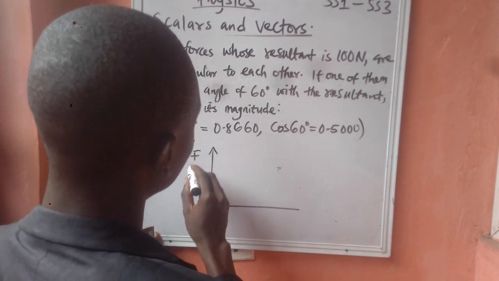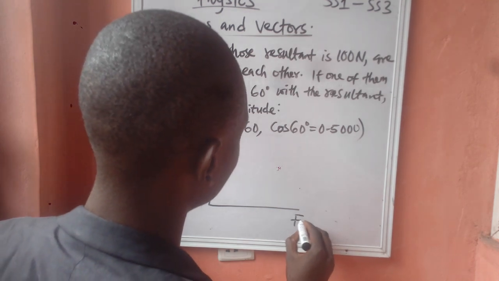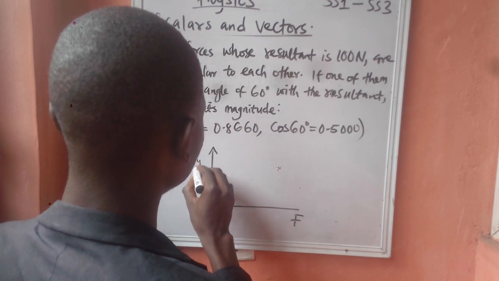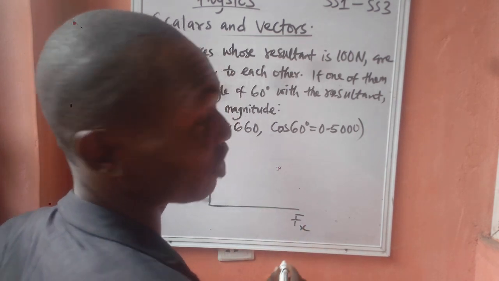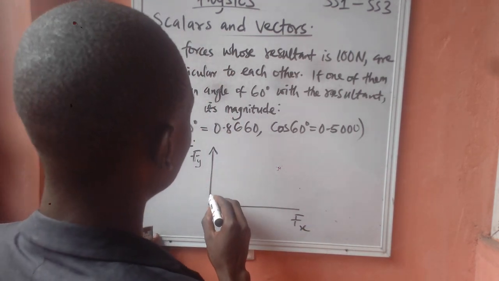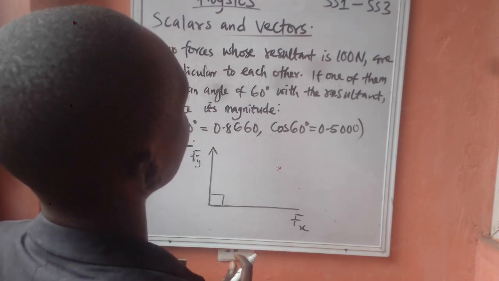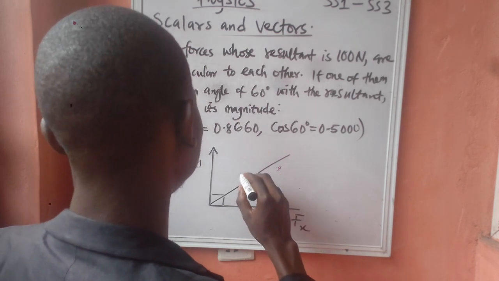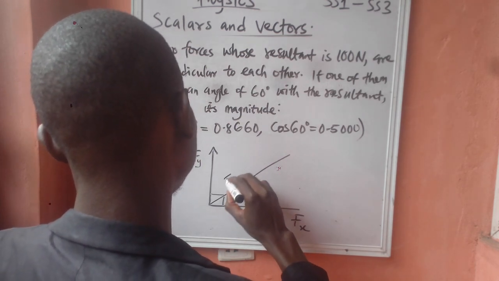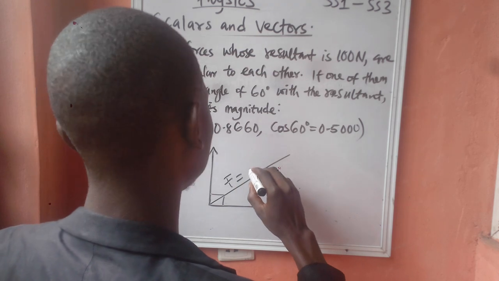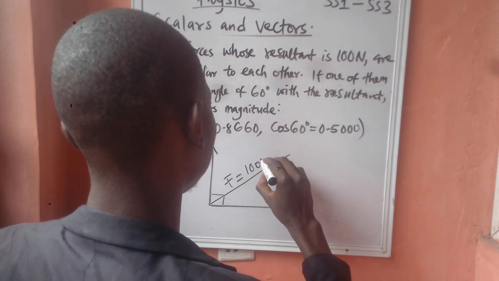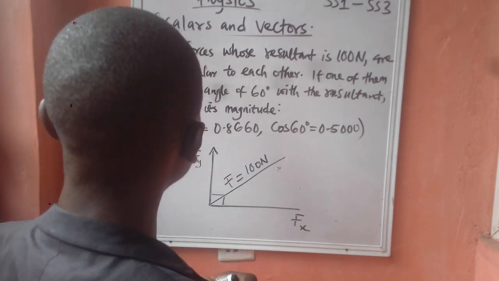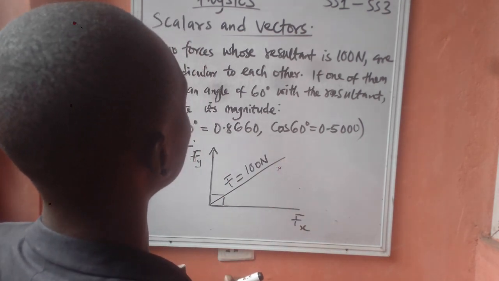Force 1 can be called Fy, and force 2 Fx. Perpendicular to each other, 90 degrees. We said the resultant is 100 Newton. Now the resultant of these forces, F, is 100 Newton.